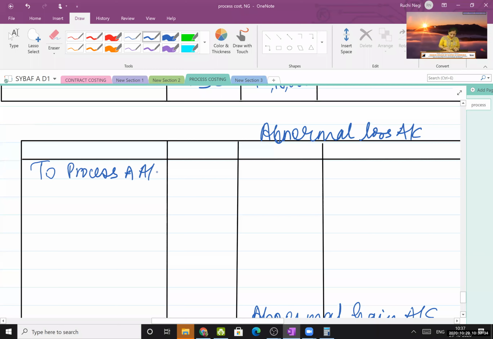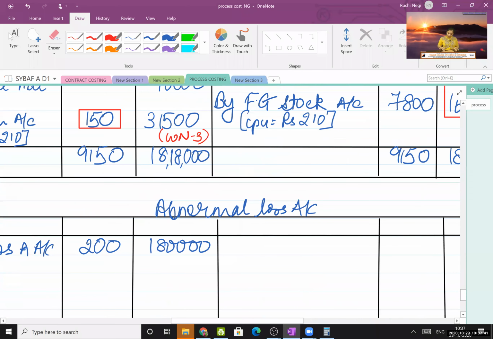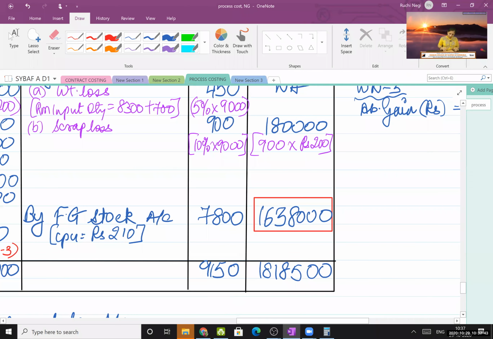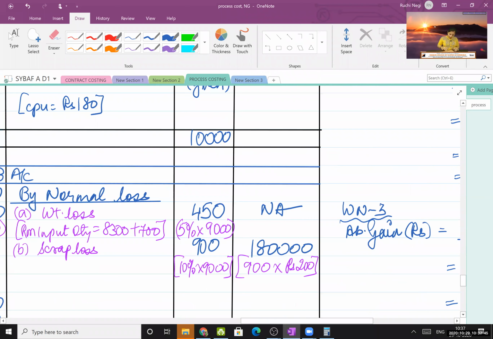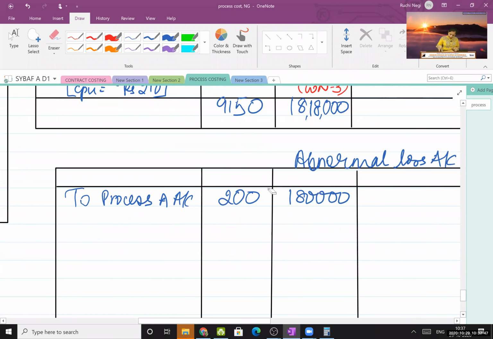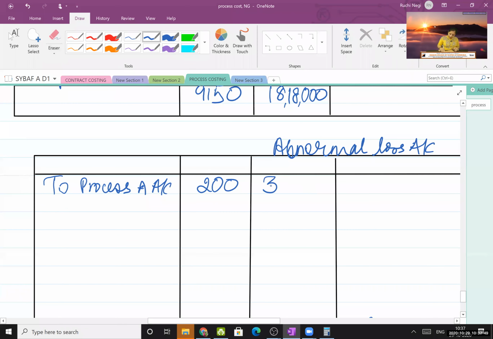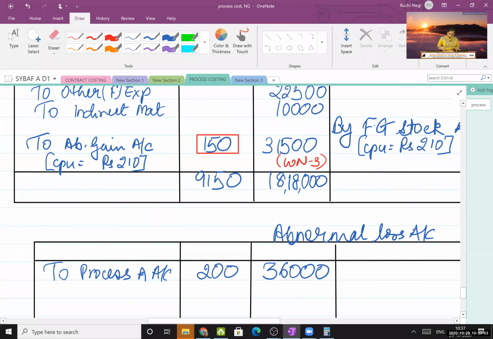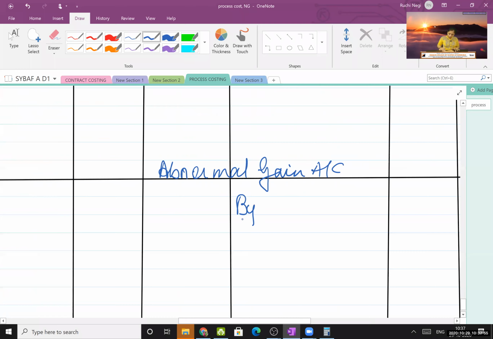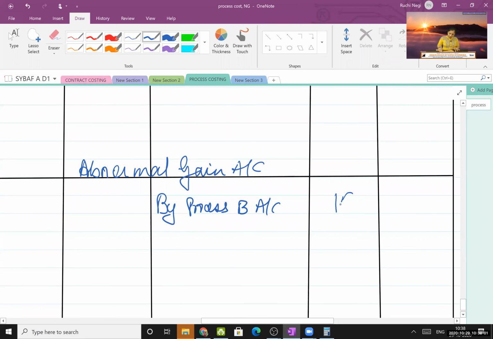Sorry, A में 200. So it is 36. And abnormal gain का second effect give in gain account by process B 150 and 31,500.